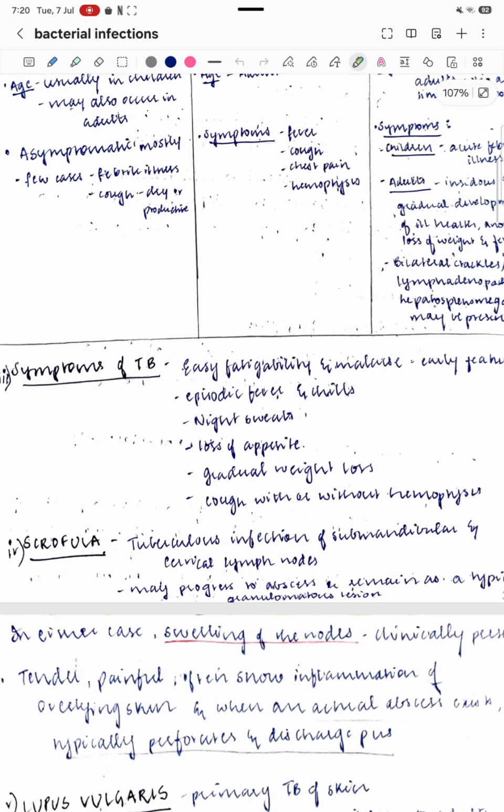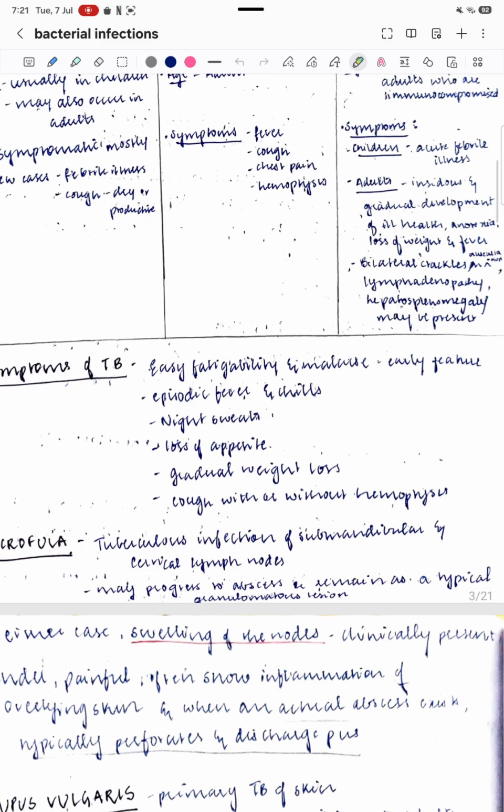Coming to the general symptoms of TB. General symptoms of TB include easy fatigability, myalgia, that is muscle pain, and an early feature of episodic fever, chills, night sweats, loss of appetite, gradual weight loss.